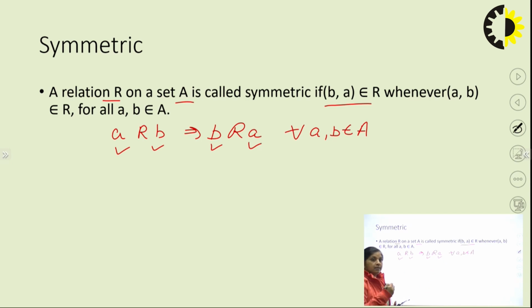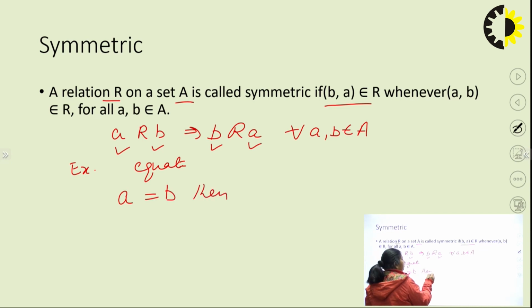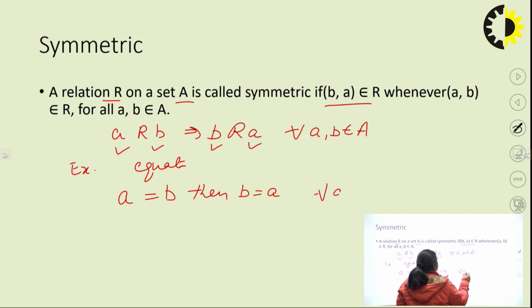So again, let us take an example. Let me take the example of the equal operation. The relation is equal. When we have the equal to relation, if A is equal to B, then definitely B is also equal to A, for all A, B belonging to the integers.